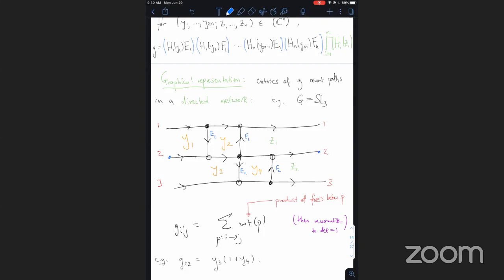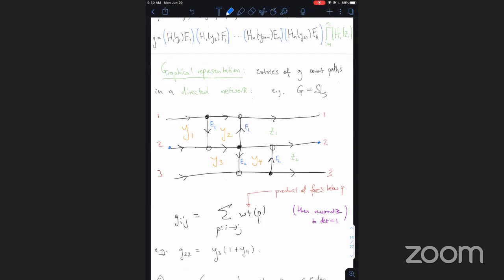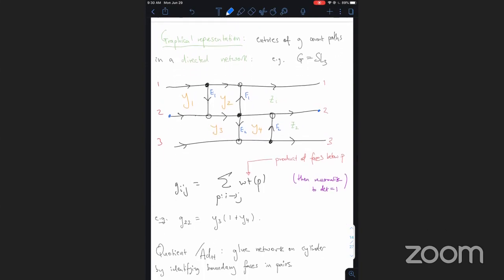And what is the weight of one of these paths? You simply take the product of all of the complex numbers attached to the faces below the path. So for example, in this network, if we want to calculate the 2,2 element of the corresponding matrix, we need to sum over all paths from vertex 2 on the left to vertex 2 on the right. And we notice that there are, in fact, 2 of these.